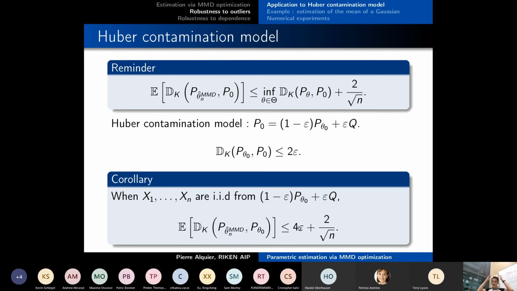And I think that this result is interesting. In the past 2 or 3 years there has been a regain of interest in robust statistics, and many papers appeared where people studied various models and tried to study the optimal dependence of the estimator as a function of n, but also as a function of epsilon.